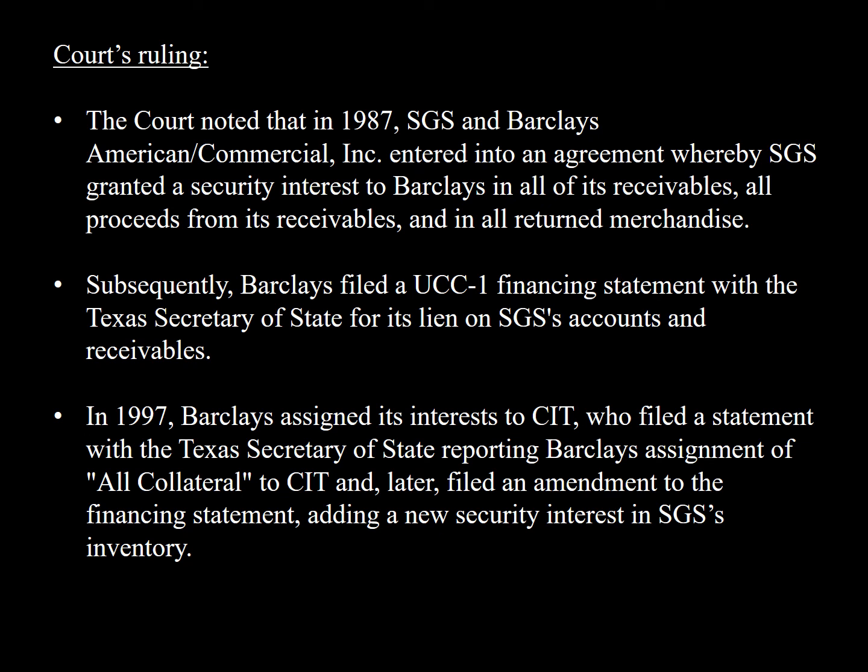Well, I think the bank was very well prepared here, and the court looked at all the evidence and looked at the assignment from Barclays; the original loan was in 1987. In 1997, Barclays assigned an interest to CIT, and CIT filed a statement with the Texas Secretary of State, perfected its security interest, and filed an amendment to the financing statement, adding a new security interest in the debtor's inventory.